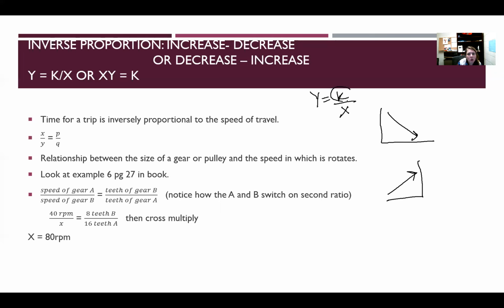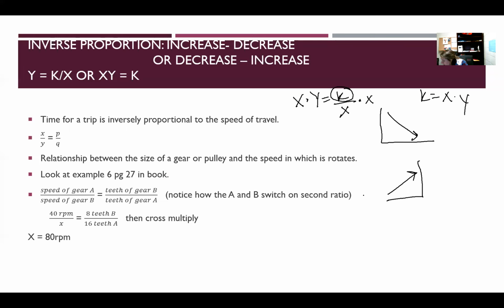So in order to solve for k, you would end up multiplying by x here. Okay, so you would end up with k equals x times y. There's an example of this on page 27 in your book for inverse.